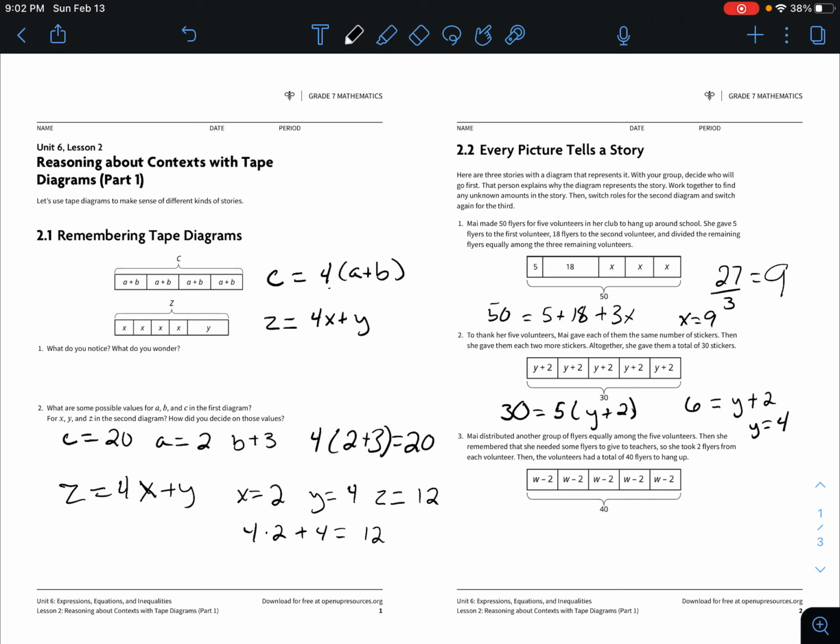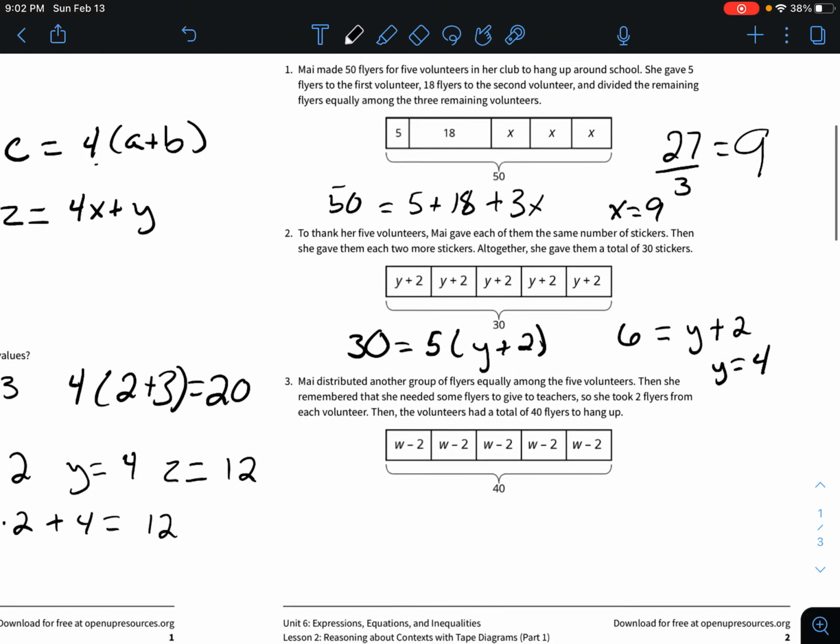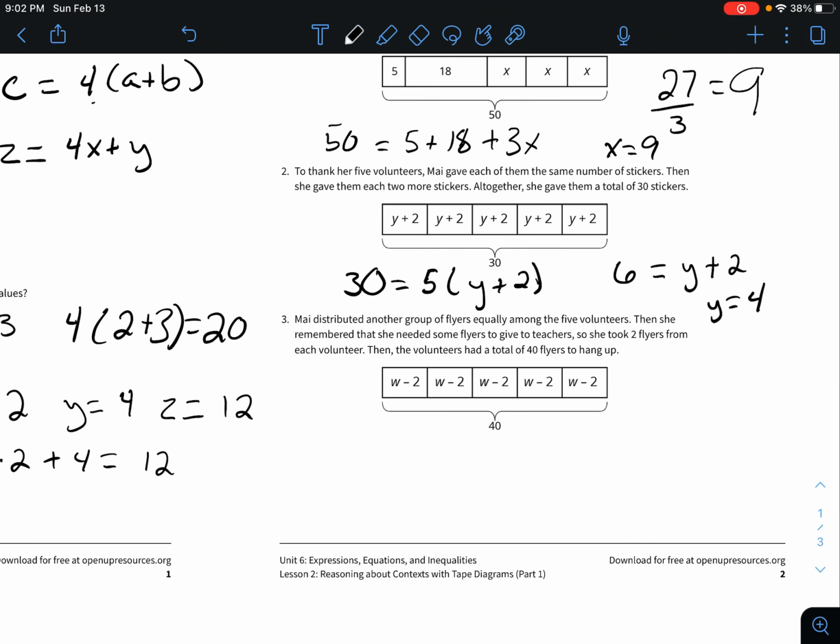Okay, next one. Maya distributes another group of flyers equally among the 5 volunteers. Then she remembers that she needs some flyers to give to the teachers. So she takes 2 flyers from each volunteer. And then the volunteers had a total of 40 flyers to hang up.